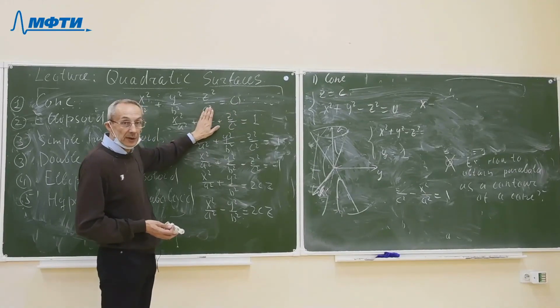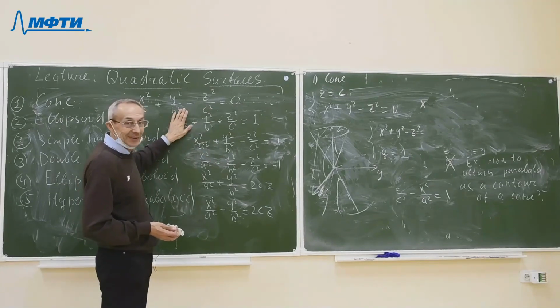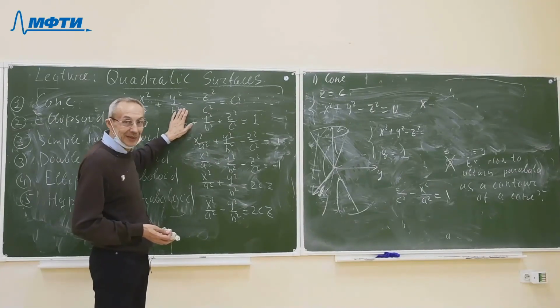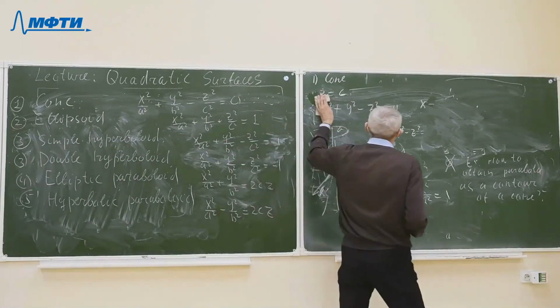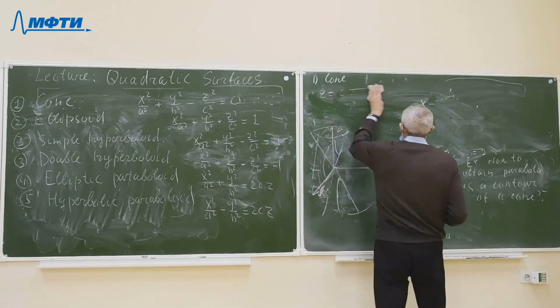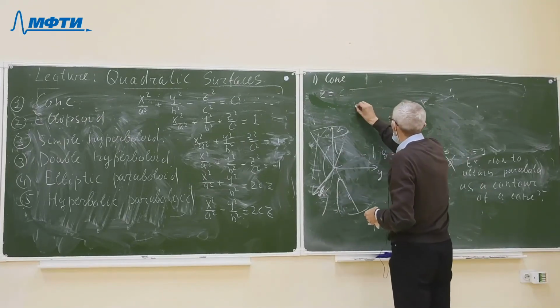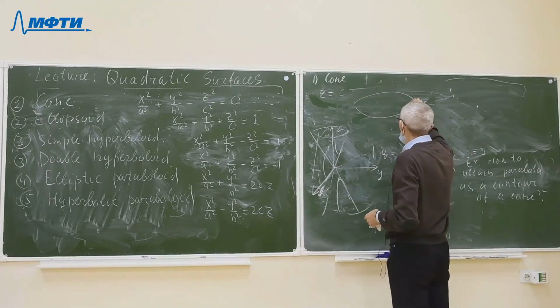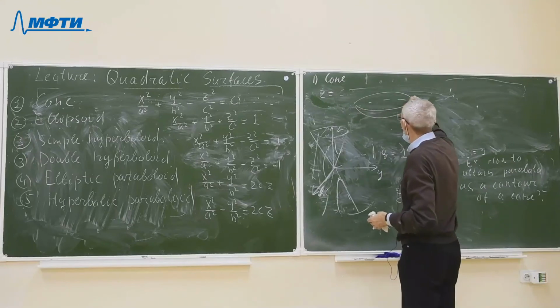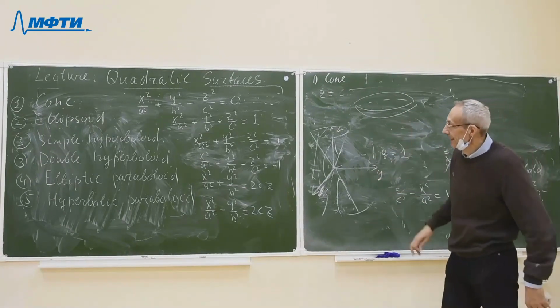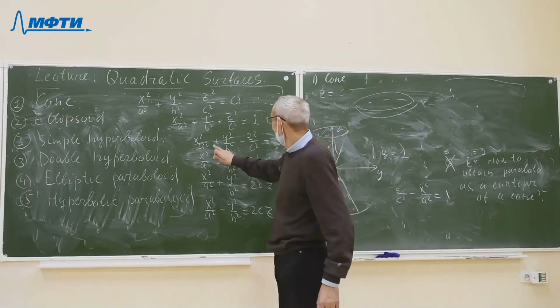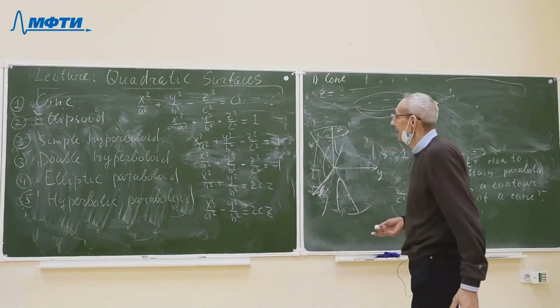If y is equal 0, we obtain also an ellipse. And in the last case, we obtain also an ellipse. We obtain three ellipses in the coordinate planes. And the form of this surface is such.